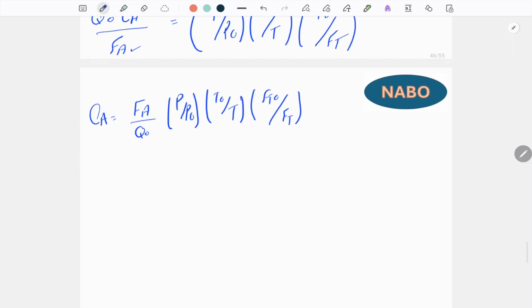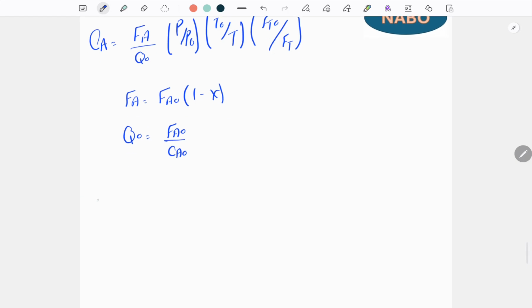Now we know that Fa equals Fa naught times 1 minus x, and Q naught equals Fa naught times Ca naught. So same thing, we'll substitute these two into the equation.